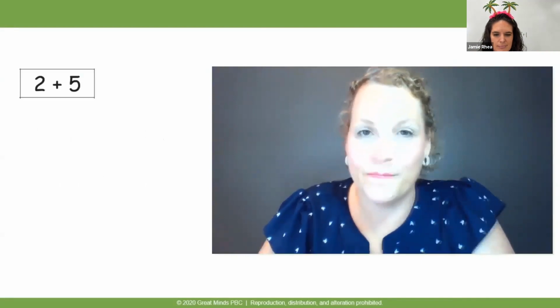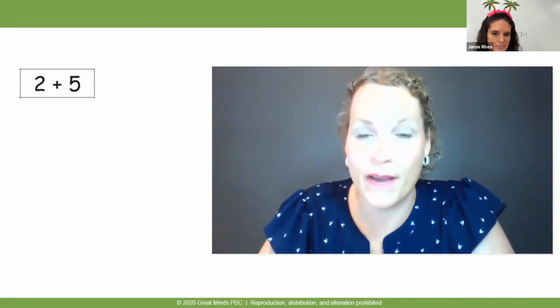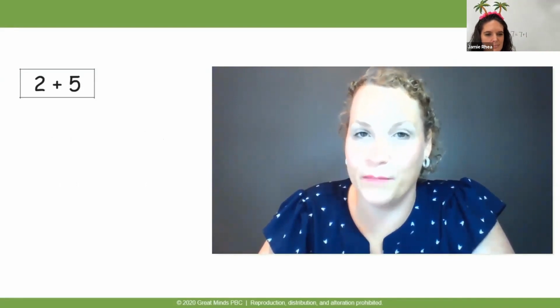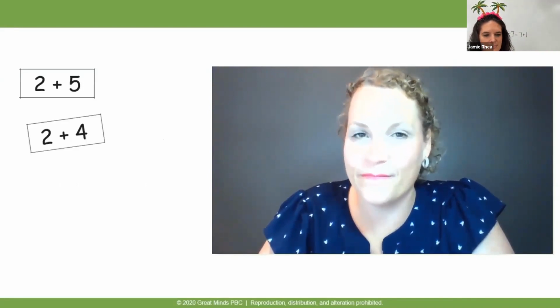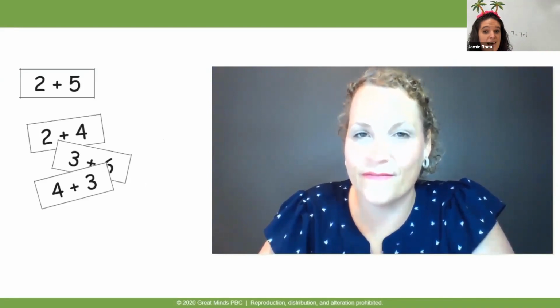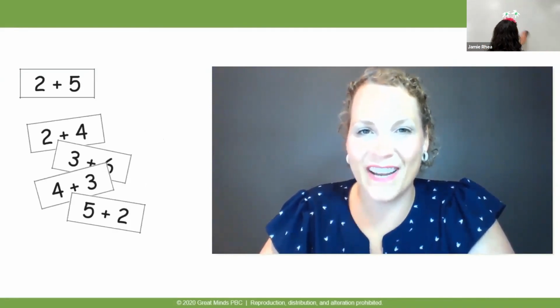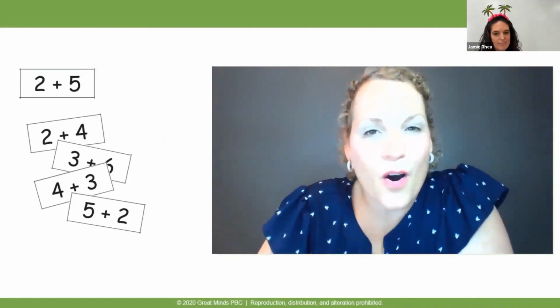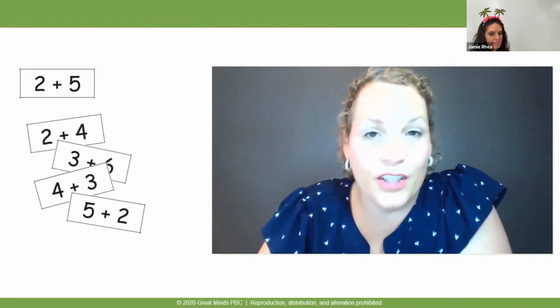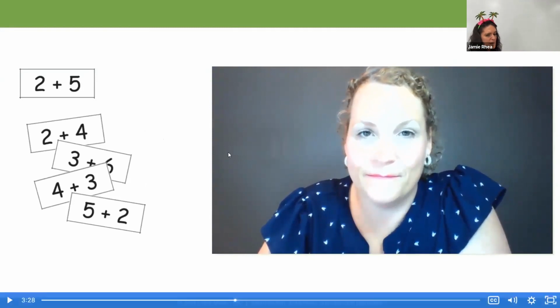Tell me to stop when you see the matching expression, but the numbers have traded places. Stop. There it is. On your whiteboard, write a true number sentence using these two expressions. I'm going to pause to give you a little more time because we're going to write 2 plus 5 equals, how would I write that next part? Right, you can look at your card and you can see it says 5 plus 2.